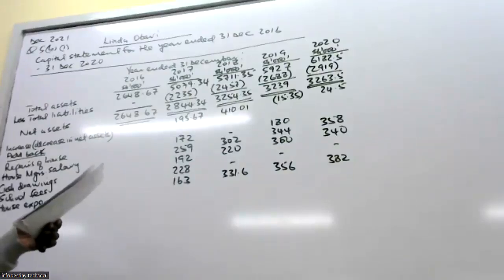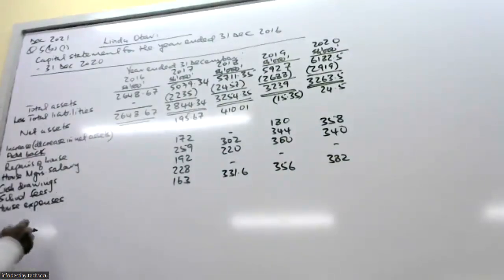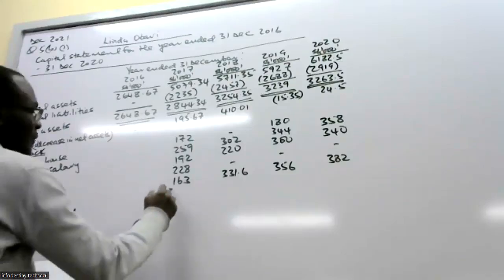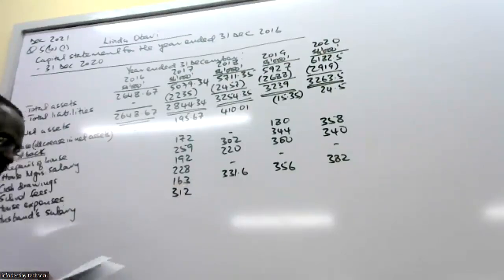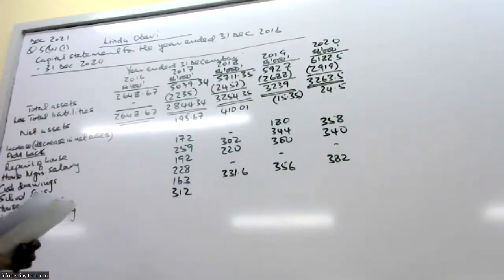For the year ended 31st December 2017, salaries paid to Linda Obadi's husband. So, the husband's salary for 2017 was 312. Then that 312 will be increasing by 15% every year. So 312 in 2017.